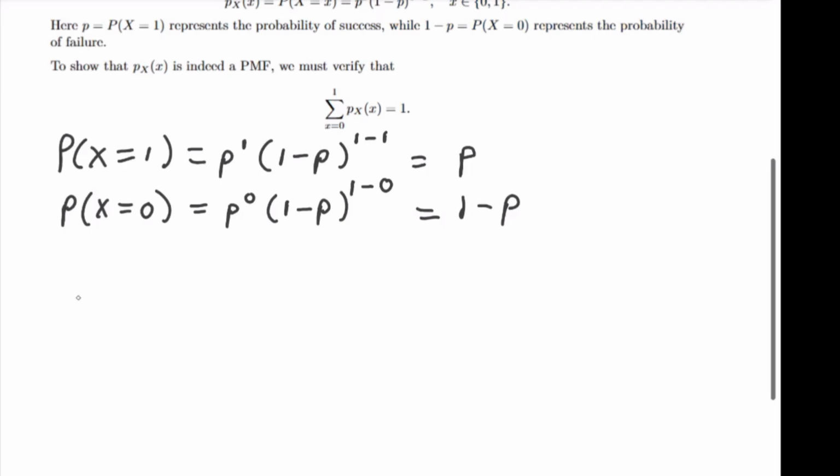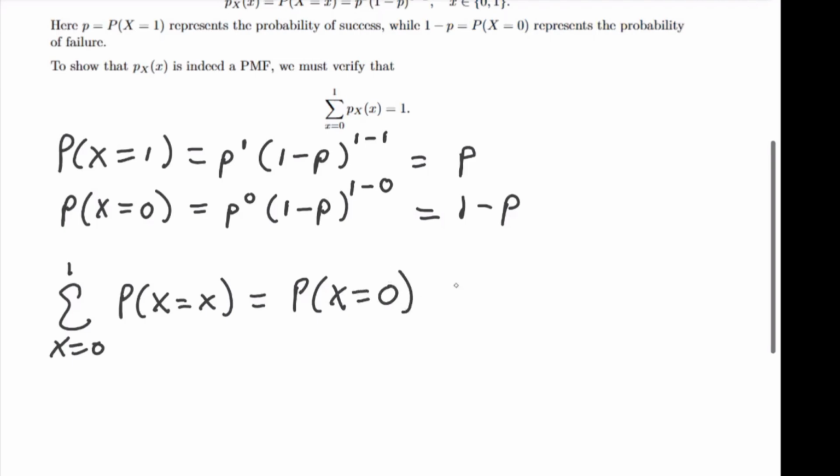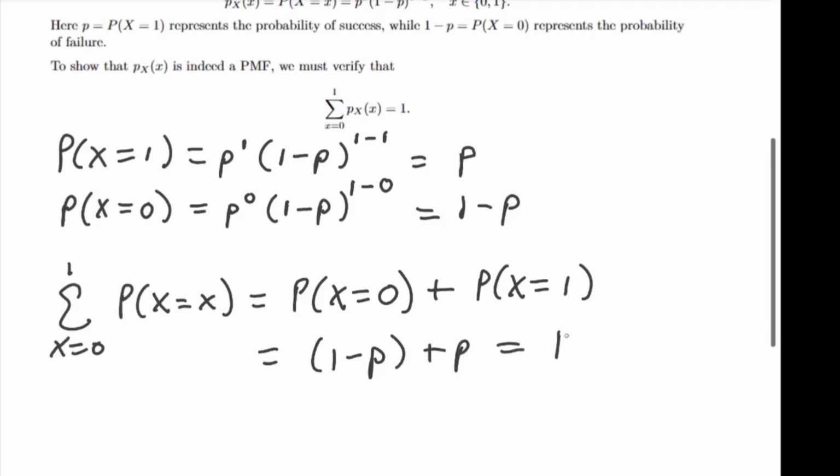So that's the sum over x from 0 to 1 of the probability that X is equal to x. So the first one is the probability that X is equal to 0, and then the second one is the probability that X is equal to 1. And we've already calculated these. So this is 1 minus p plus p, which is indeed 1.